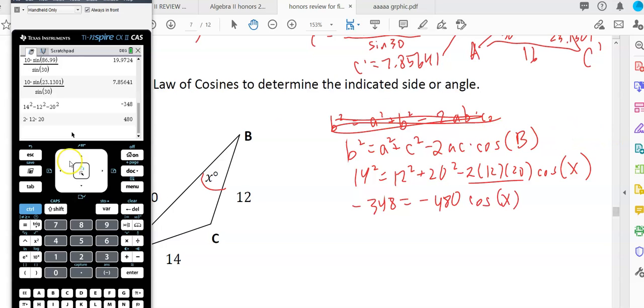We're going to divide negative 348 by negative 480, which is positive 0.725. So cosine of x equals 0.725.